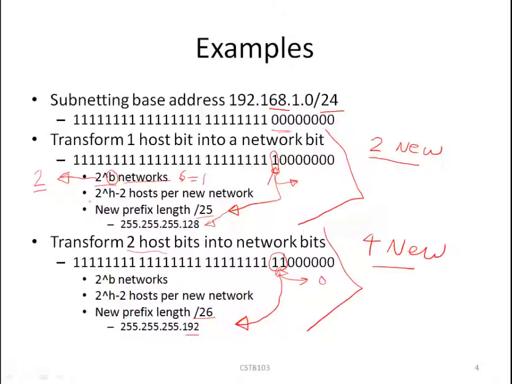And for each new network, we have 2 to the h minus 2, where h is the number of host bits. So here we have 2 to the 7 minus 2, which is equal to 126. So we have 126 hosts per new network.